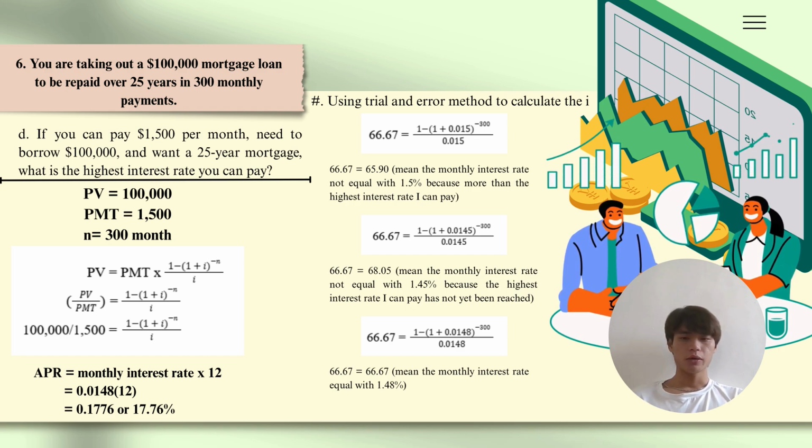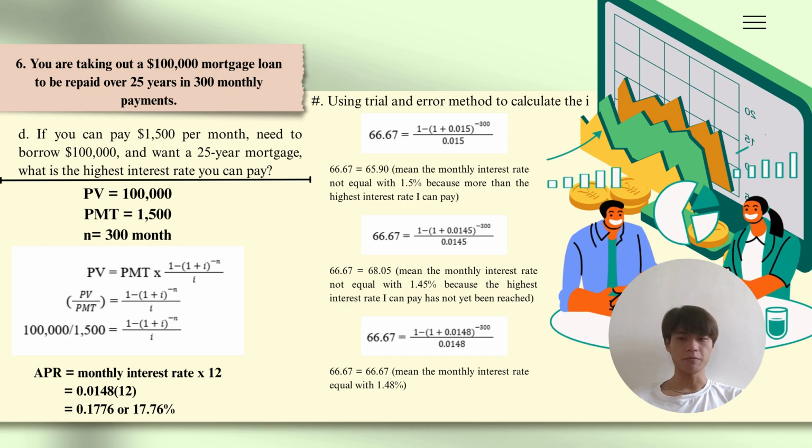For the formula, PV equals PMT times (1 minus (1 plus i) to the power of negative n) divided by i, which changes to PV divided by PMT equals (1 minus (1 plus i) to the power of negative n) divided by i. PV divided by PMT is 100,000 divided by 1,500, and we get 66.67.